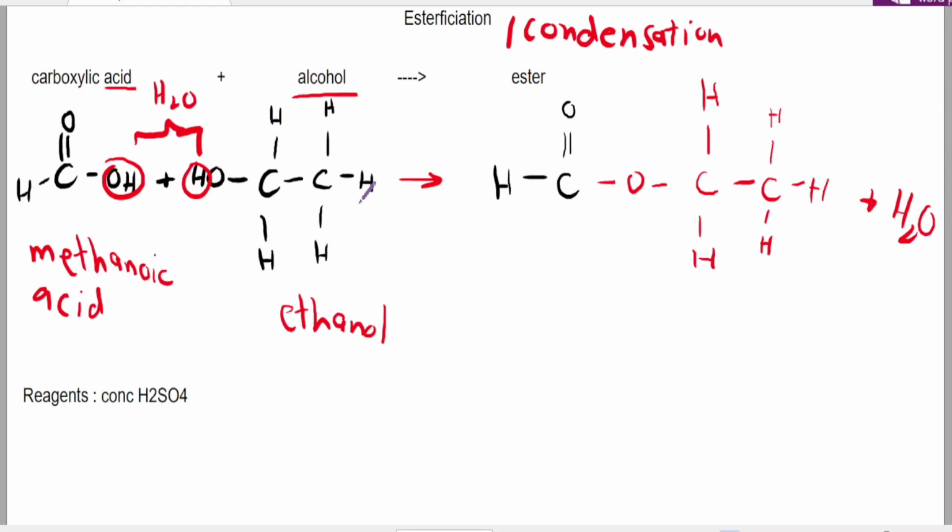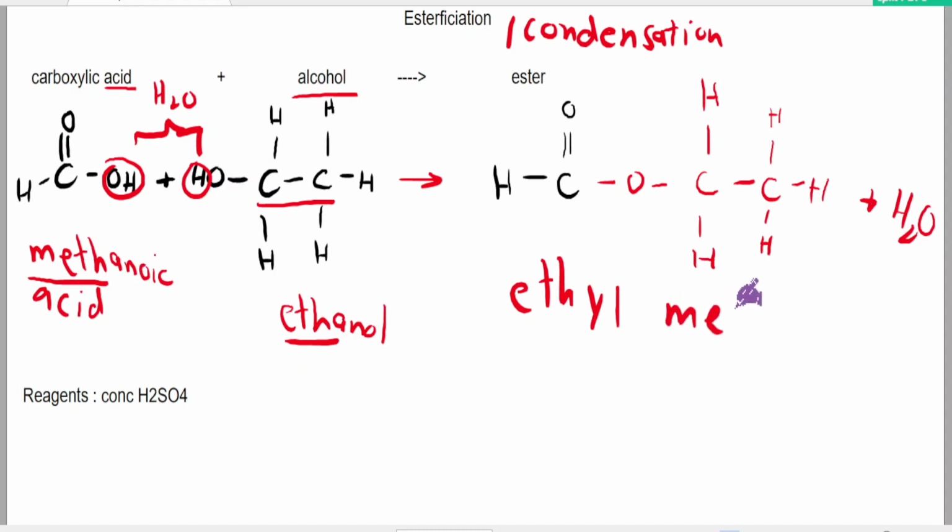Now, how do you name esters? Well, you always start with the alcohol first. So the alcohol chain consists of two carbons, therefore eth. So I write eth, and next to the alcohol name I'll write yl. Then comes the carboxylic acid name. First I write the alcohol name, then I write yl, and then I write the carboxylic acid name, which is methanoic.